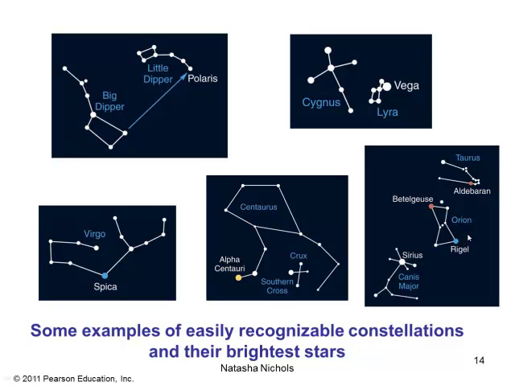I would like to talk a little bit about Polaris. When we're figuring out the location of Polaris, we use what's called the Big Dipper and Little Dipper.